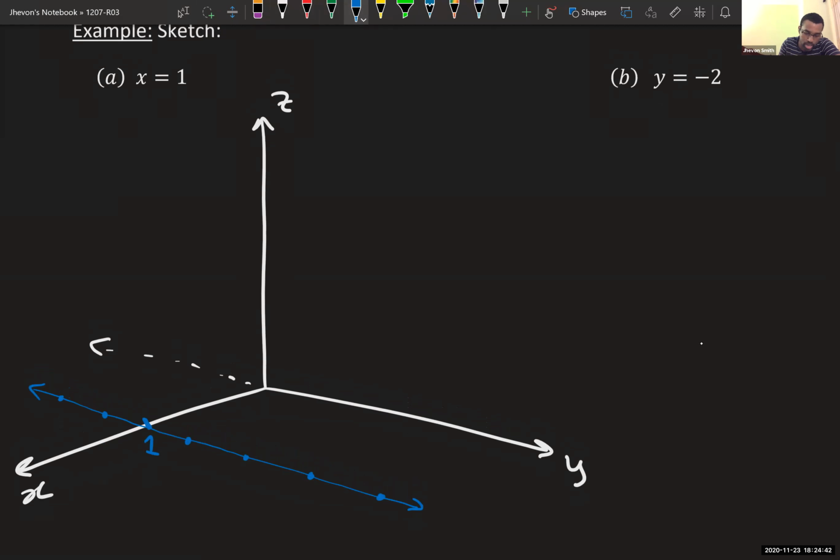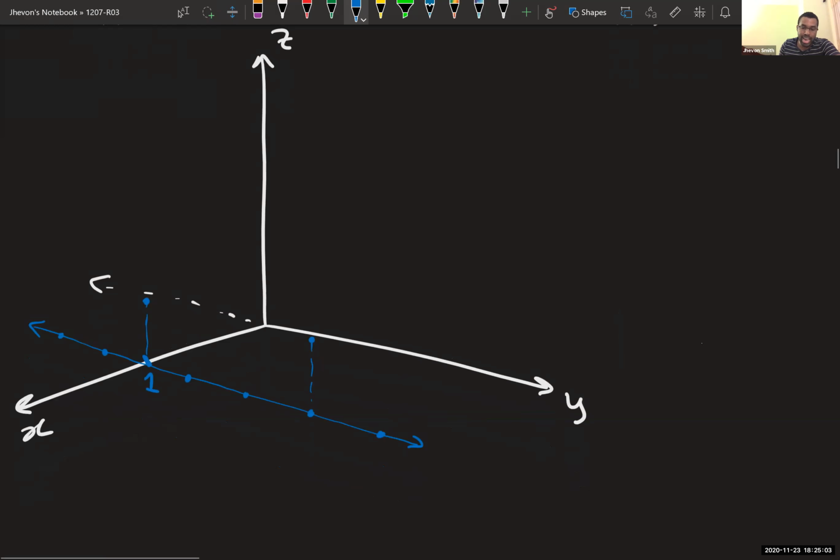If you actually vertically rose up directly over that line, guess what your x coordinate would be? It would still be 1. So if you start vertically rising directly up at a 90-degree angle to the xy plane, your x coordinate would not change because you're still hovering over the same line. So it turns out x equals 1 actually creates what we call a plane.